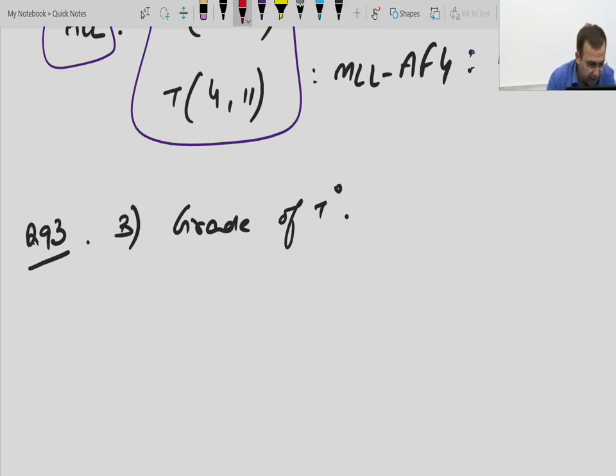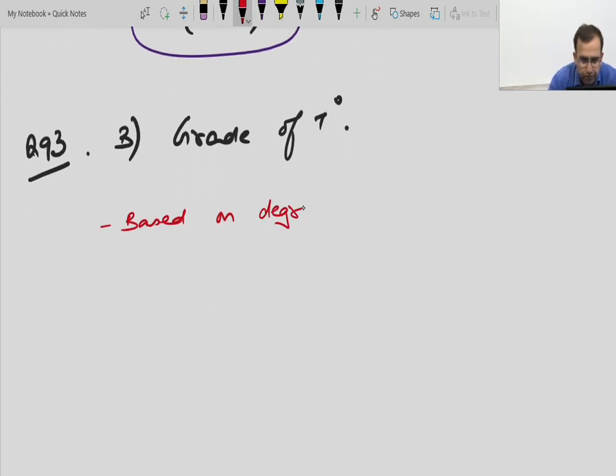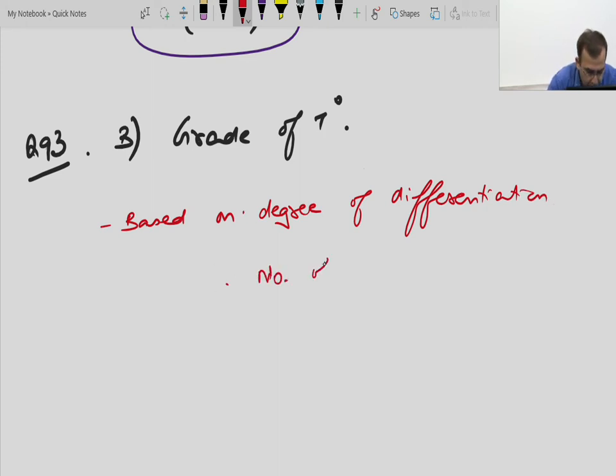So what do we mean by grade of the tumor? Grade is based on degree of differentiation, number of mitoses per high power field. High power field is 40x. This can again be asked: scanner 4x, low power field 10x, high power field 40x, oil immersion 100x.